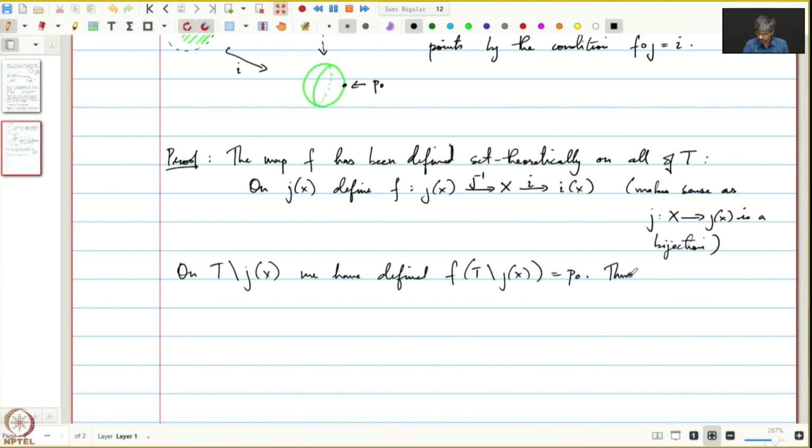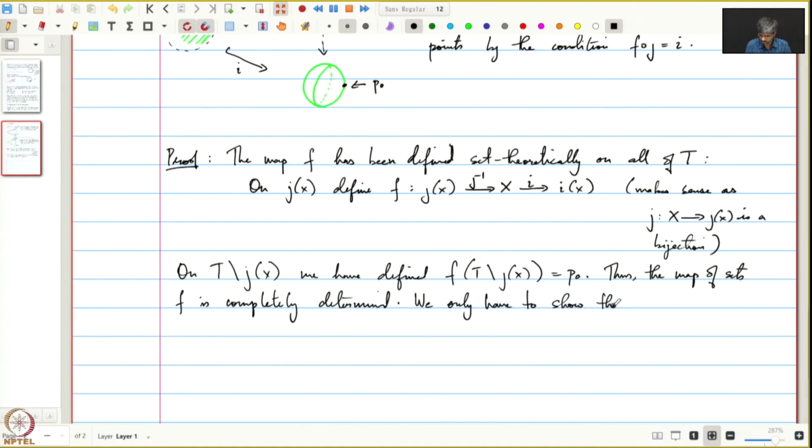So, thus the map of sets F is completely determined, and so it is unique. So, we only have to show that F is continuous.